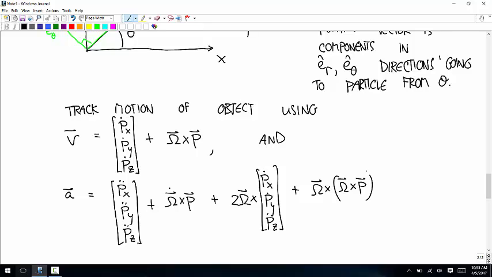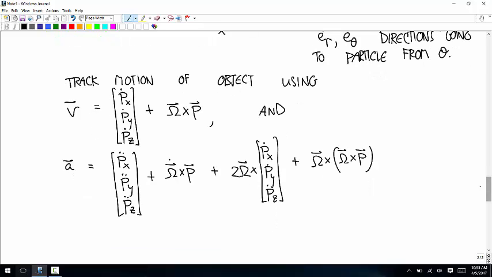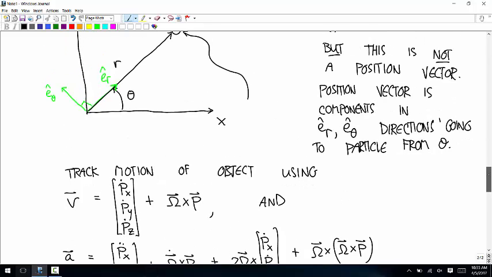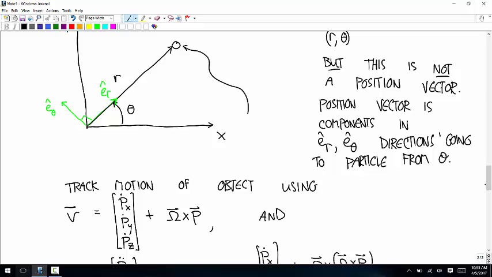Okay, the first thing we have to do is come up with an expression for the position vector. Let's just figure out what all these things are. If you're just trying to express the position of that object using components in this direction and this direction, what are the components going to be?